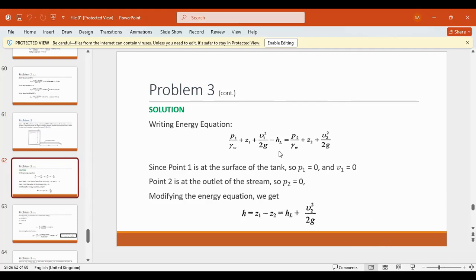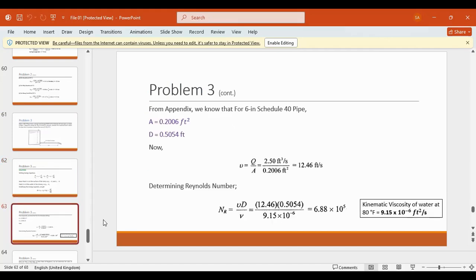We have head loss on the left-hand side of the equation, and all other values, like the elevation difference Z1 minus Z2 and the velocity head, on the other side. So the equation becomes H, which equals Z1 minus Z2, equals HL plus V squared over 2g. Let's move towards the second step of the problem.